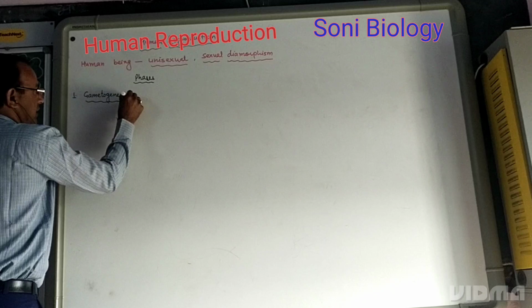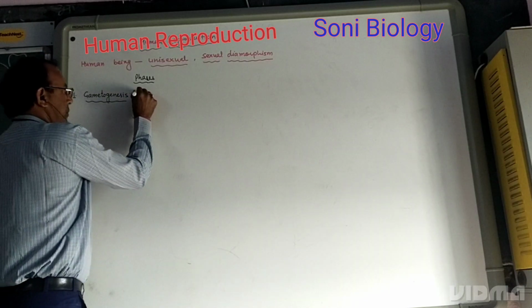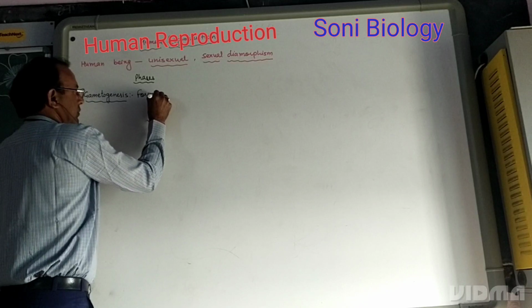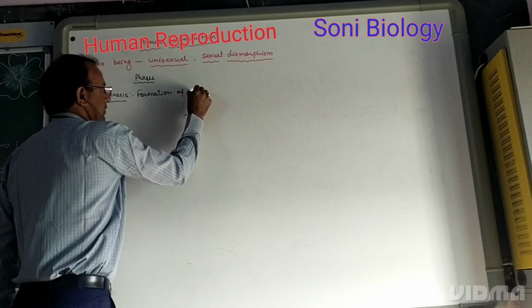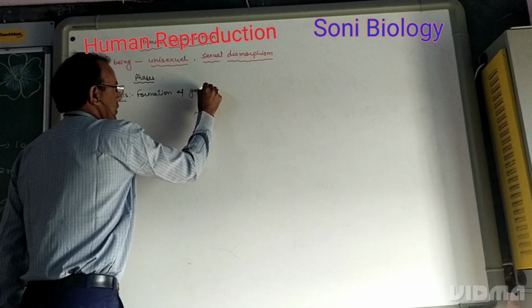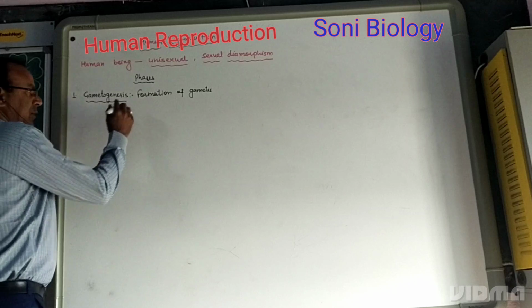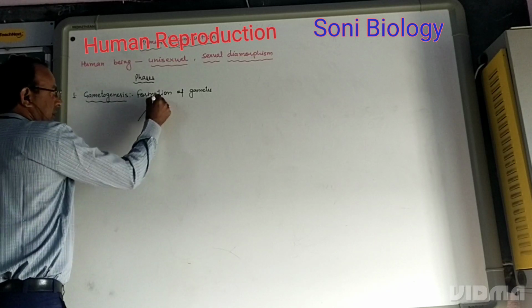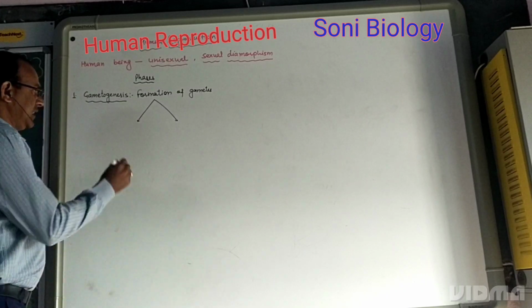Gametogenesis is the process in which formation of gametes takes place. Gametogenesis in male and female are known by different names.